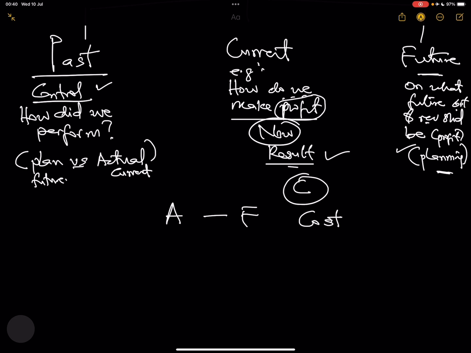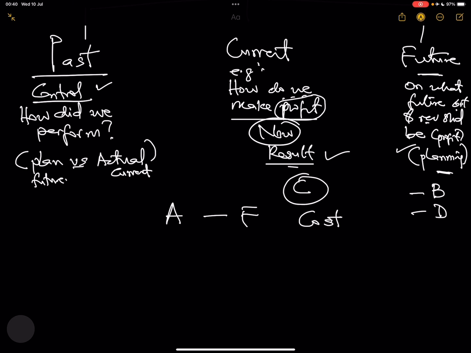And you will see a lot we're going to do. We're going to spend a lot of time on section C. On the future, we'll be looking at section B, section D. These are the two sections we're going to look at.